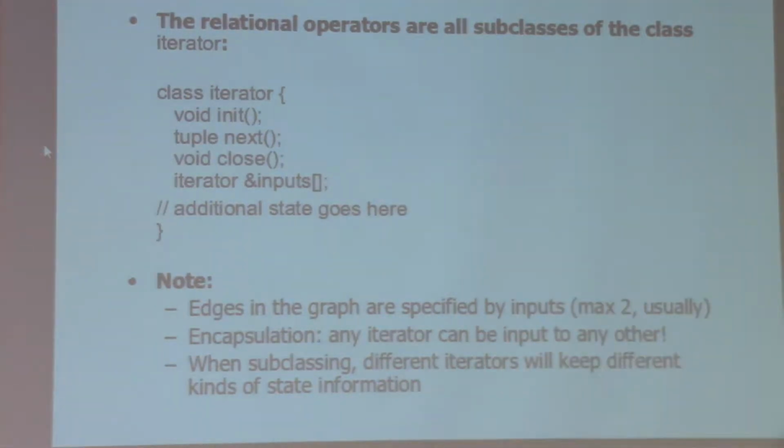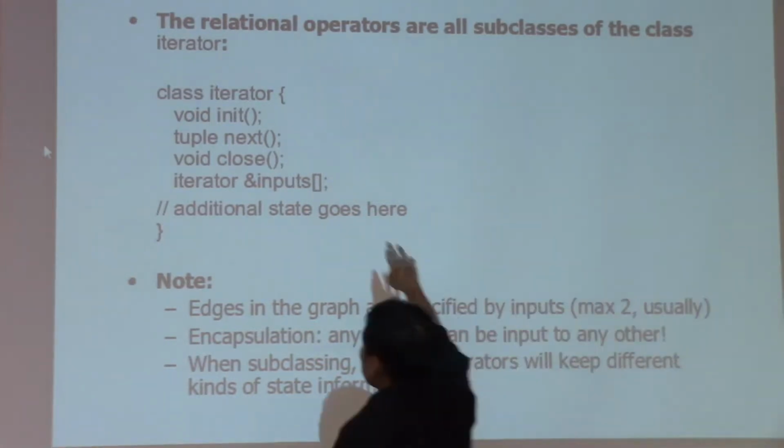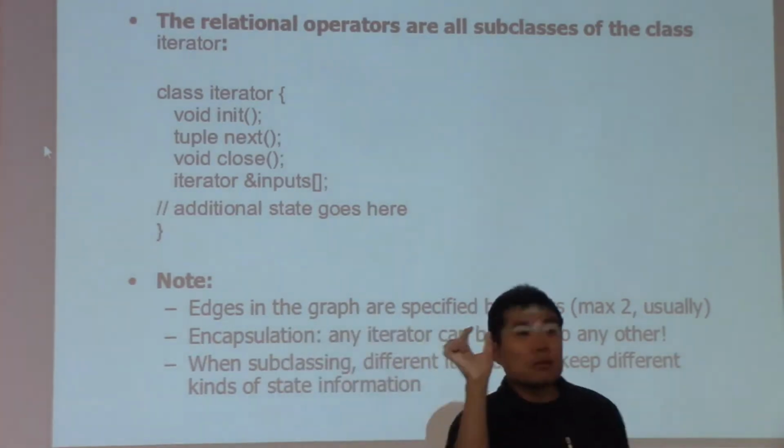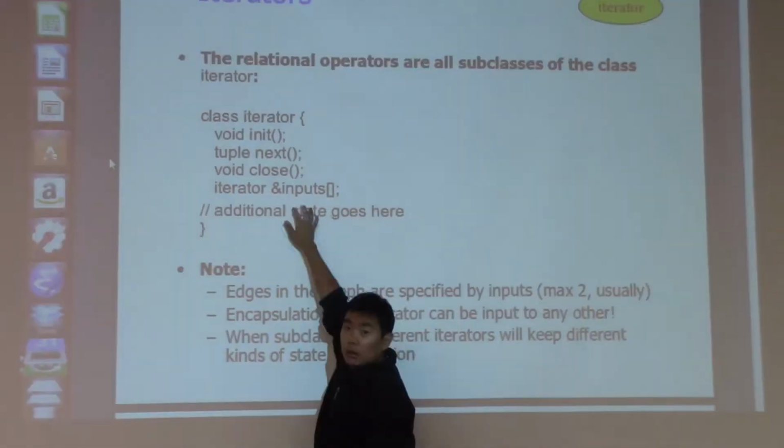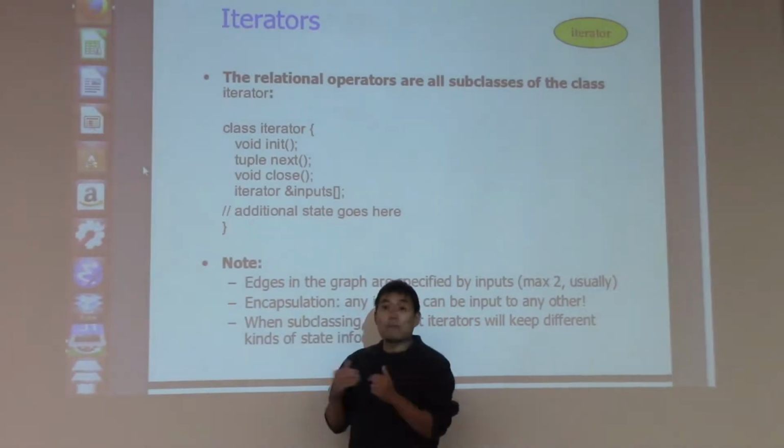So all these operators implement this iterator interface, and this interface is defined as follows. It has an initialization method, it has a close method, then it has a next method which returns you a tuple, a record. And it also has an array of iterators as its input.